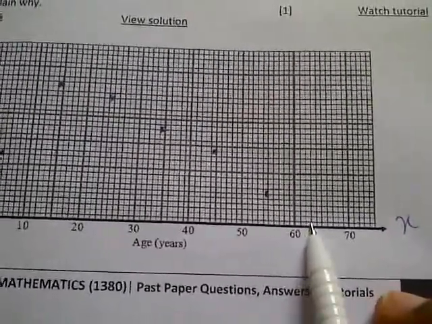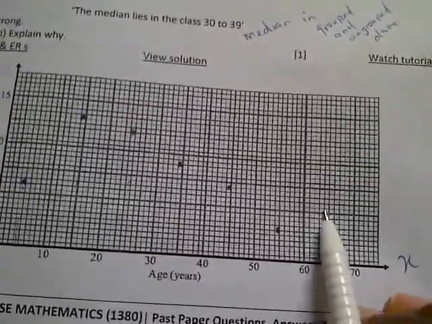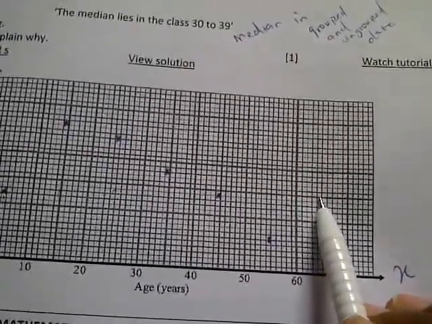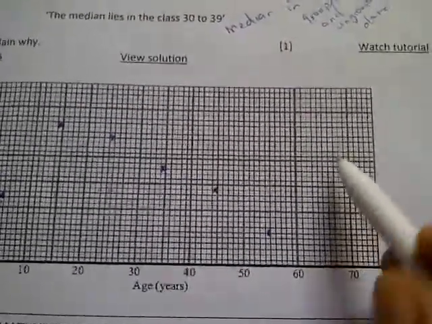Now the last one is 64.5 and 10. This is 61, 62, 63, 64. So 64.5 will be this space. Then we'll have to trace it up to 10. It's going to be here.